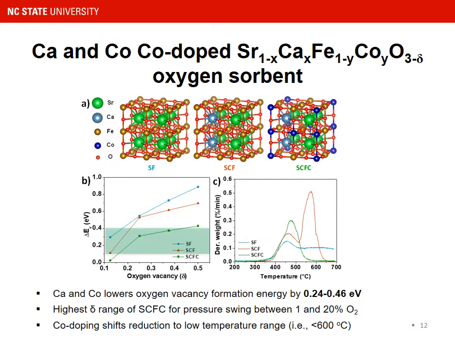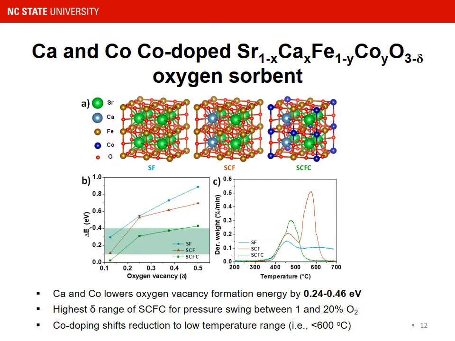And then, instead of a broad peak over here, there's a sharp peak observed at roughly 570 degrees Celsius, which means that this calcium-doped sample more easily releases oxygen compared to the pure strontium ferrite sample.